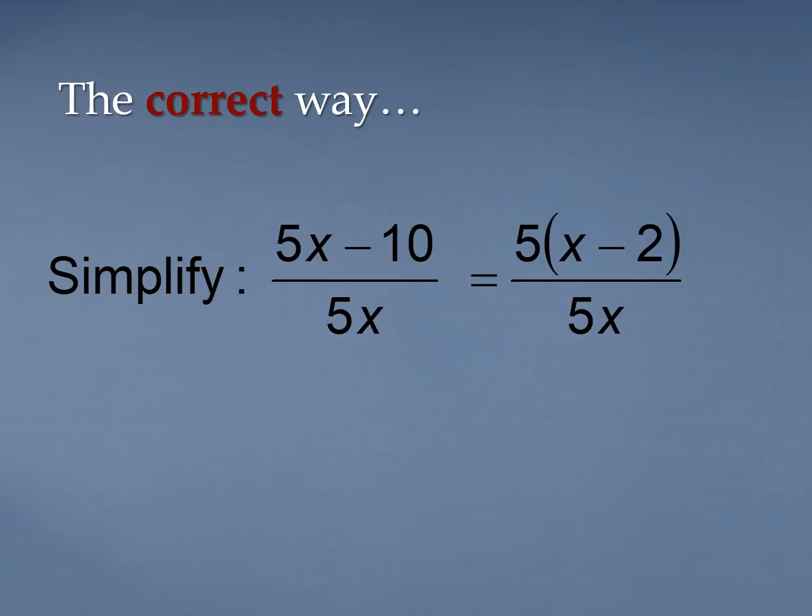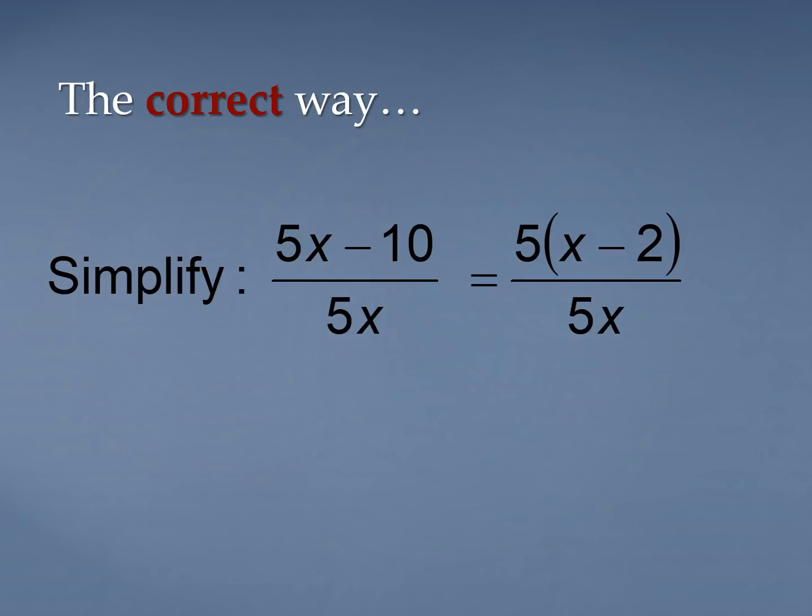Make some sense? If we were to distribute the 5 back through, we would get 5x, and then 5 times negative 2 is negative 10. It would take us right back to here. Now, what factors are there in common? Are there any factors in common? The answer is yes. 5 is a factor because it's multiplying the x minus 2, and this 5 down here with the x is multiplying the x.